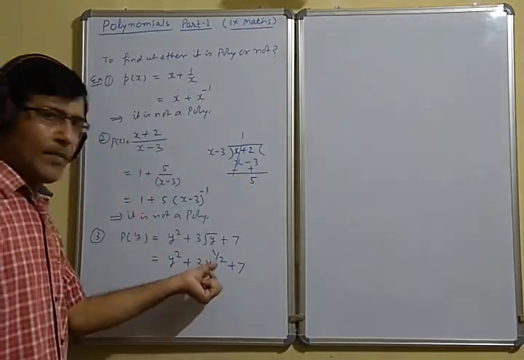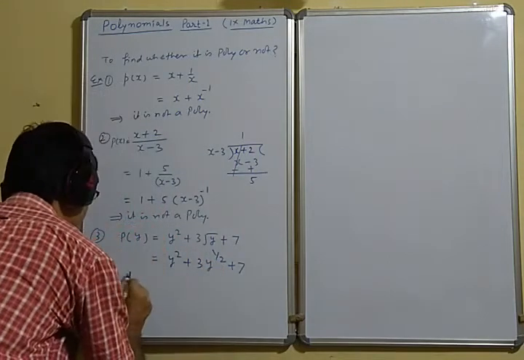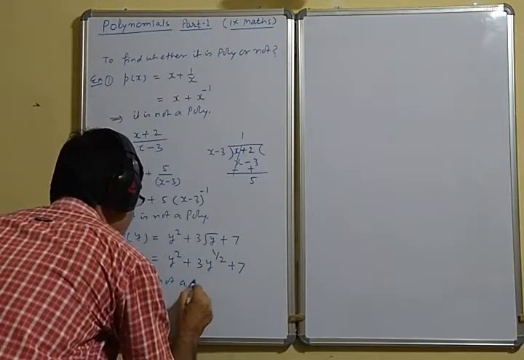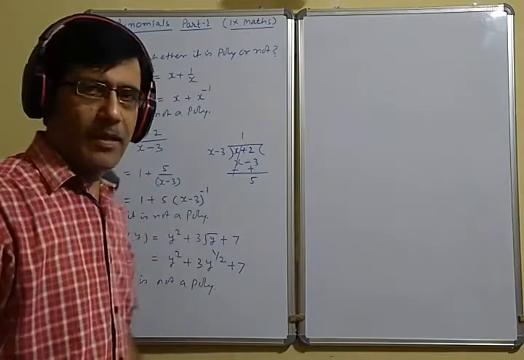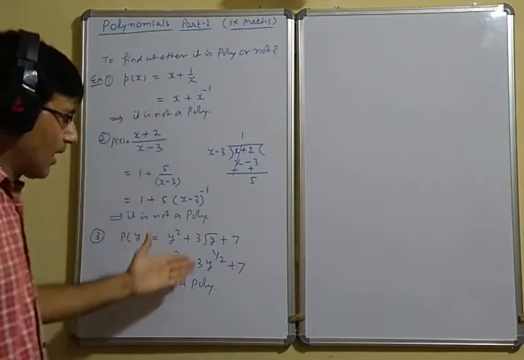Now this exponent is a fraction, not an integer, so it is not a polynomial. So these are some examples to understand whether the given expression is a polynomial or not.